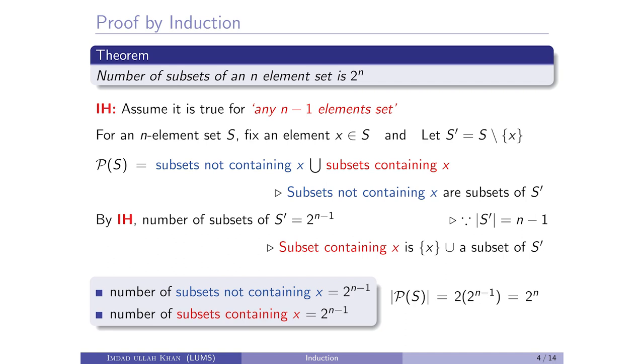So our inductive hypothesis is, now this is slightly tricky, right? Because we can't model it very elegantly in terms of mathematical or algebraic formulations, what we're doing is that we assume that it is true for any set which contains n minus 1 elements. So if set A contains n minus 1 elements, size of the power set of that set is going to be 2 raised to power n minus 1.